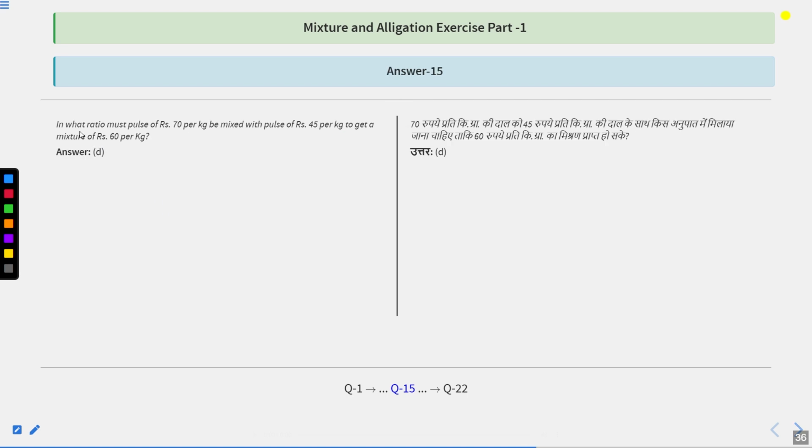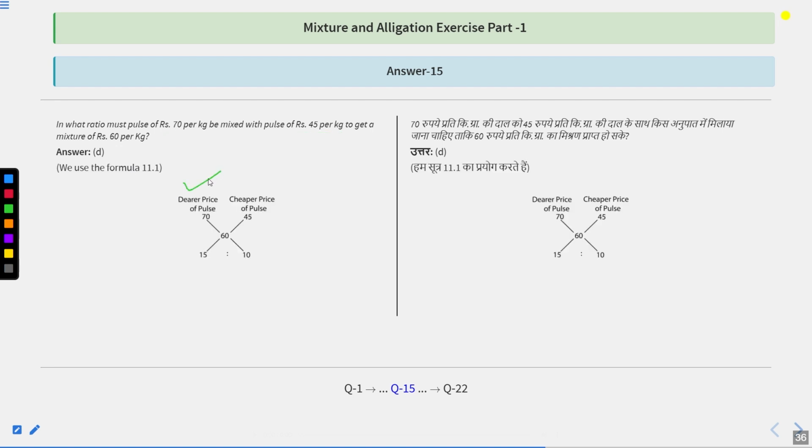Now the question says: in what ratio must pulse of 70 rupees per kg be mixed with pulse of 45 rupees per kg to get a mixture price of 60 rupees. So now we are going to use formula 11.1. By this, we need the dearer price of the pulse and the cheaper price of the pulse. Dearer means costlier. So it is 70 rupees, given in the question, and the cheaper price is also given, 45, and their mean value is given, which is 60. So what will the ratio of the quantity become?